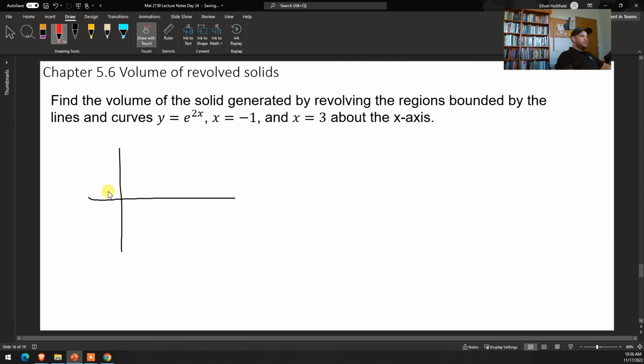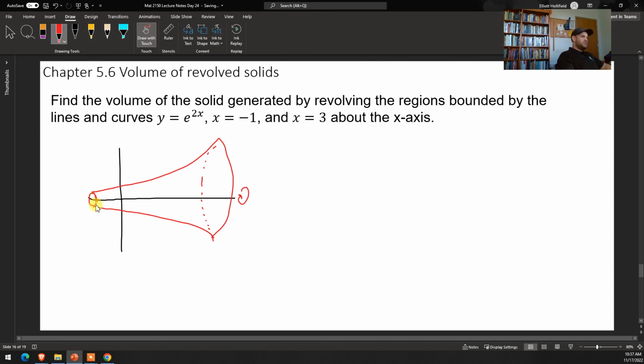Our exponential function has a graph which looks something like this. We're revolving around the x-axis. It should be somewhat symmetric.